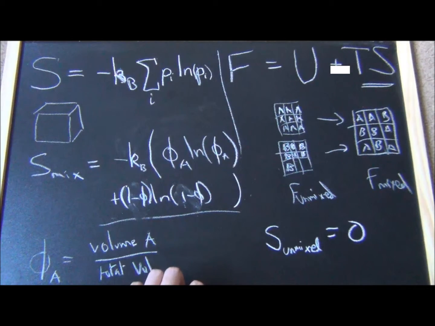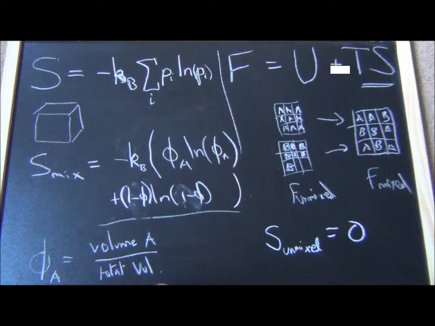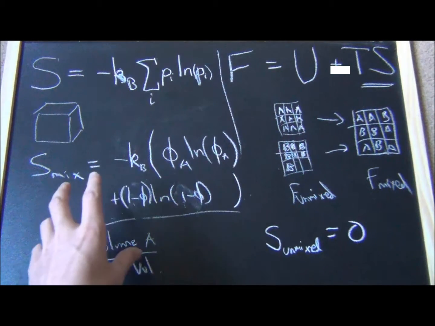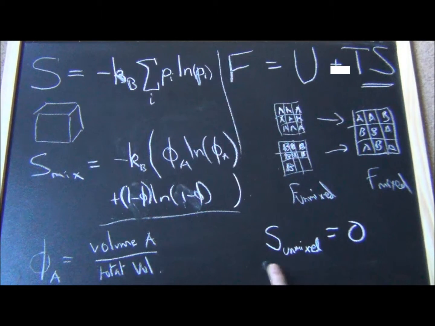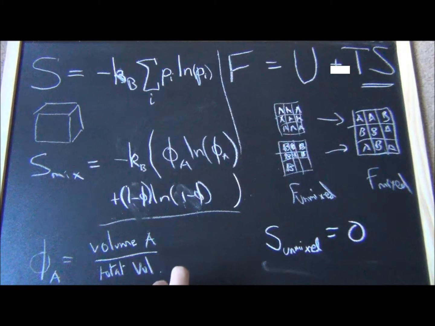You know more about the jar, or what you're going to get when you pick that random marble, if the probabilities are uneven. A nice way of working out entropy is what you would do if you were asked to bet on it. That actually works quite well. But in any case, we've worked out S unmixed, which was the easy case, and S when it's mixed, and we can now find the difference, which is just going to be the same as this, and that leaves us in a good place for the next video.